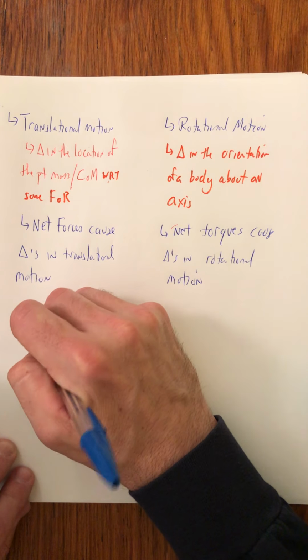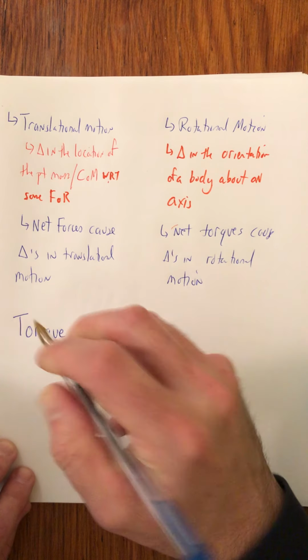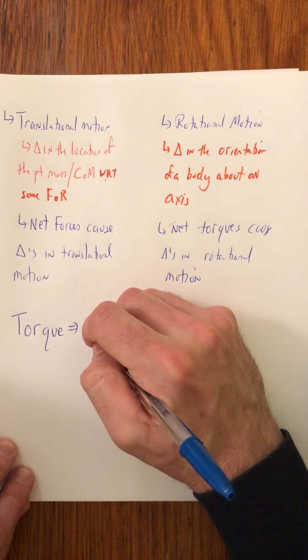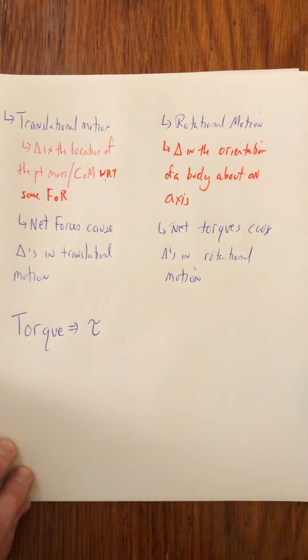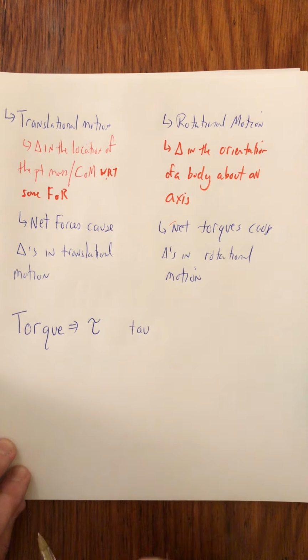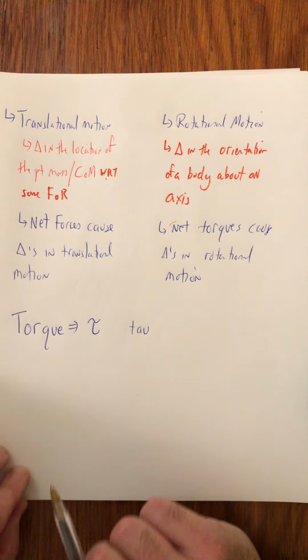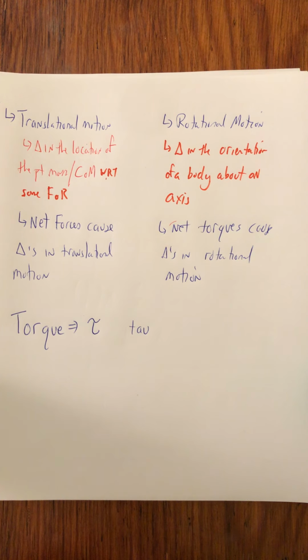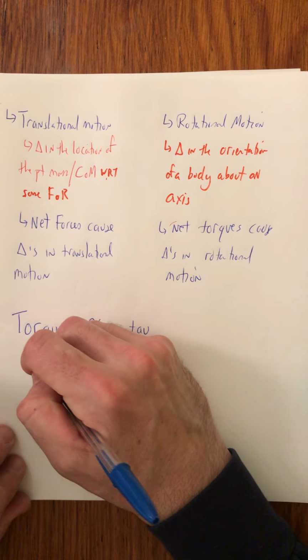So here we go. Torque. First off, what's its symbol? It is the Greek lowercase letter tau. It looks like a tilde with a backwards J. I don't know exactly how else to describe that, but there it is. But what is a torque?